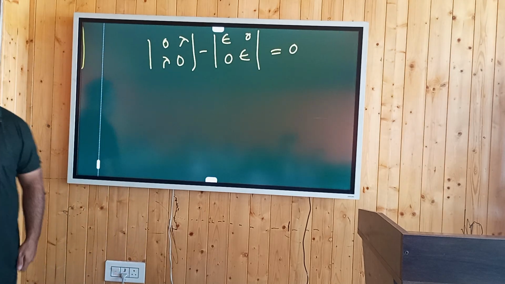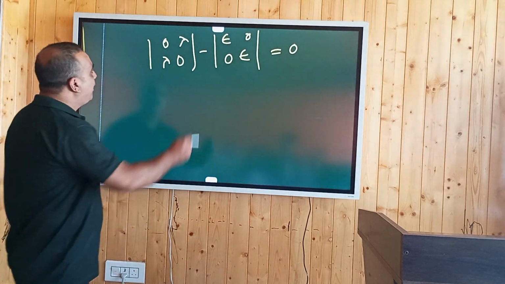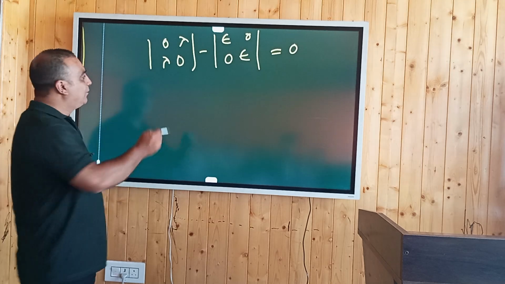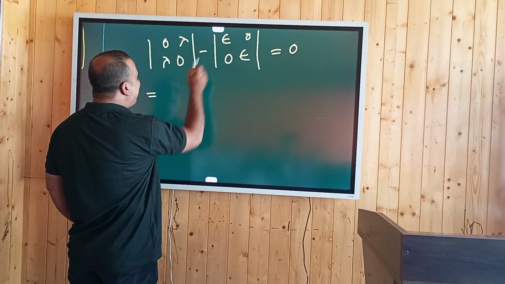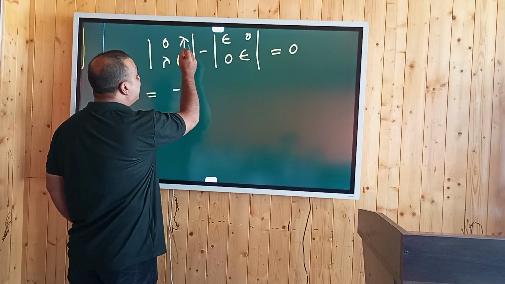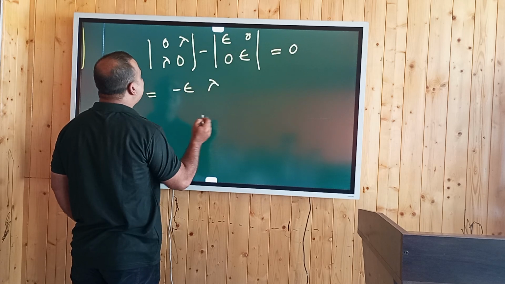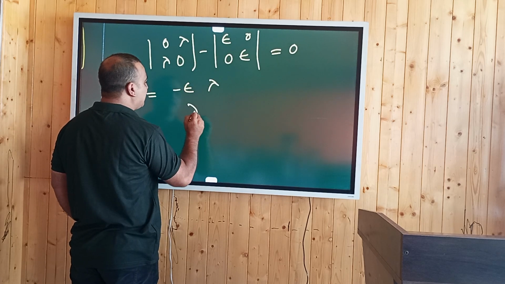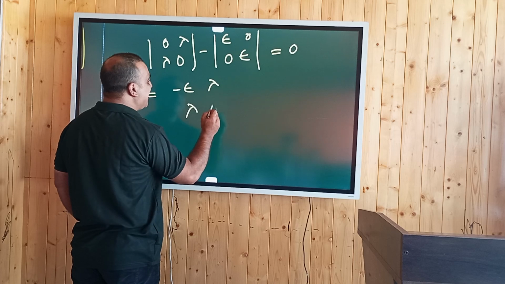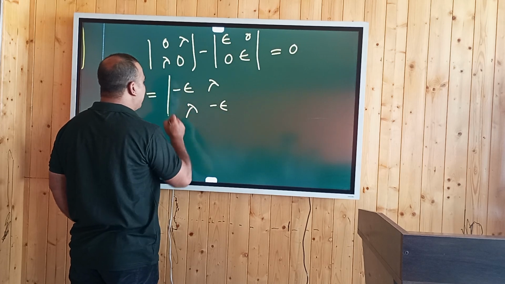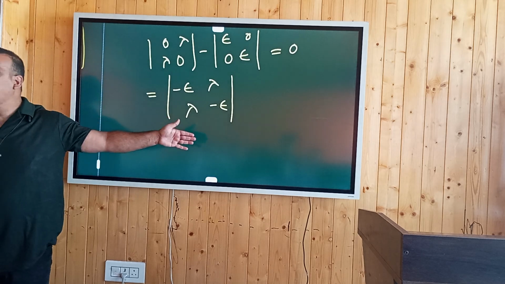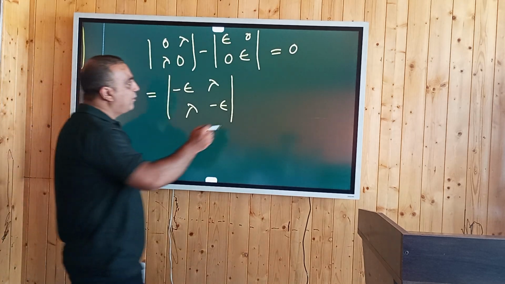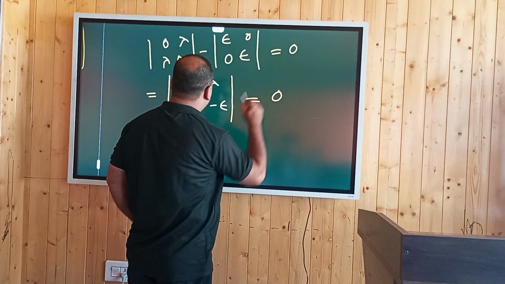Now subtract the two. This is 0 minus epsilon, which is minus epsilon. Lambda minus 0 gives you lambda, lambda minus 0 gives you lambda, and 0 minus epsilon gives you minus epsilon. Now finally you have a determinant, and this determinant should be equal to 0.